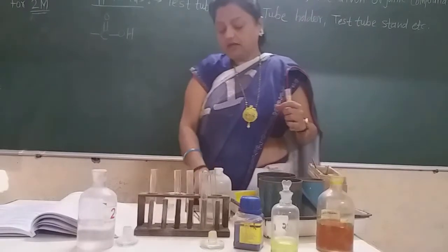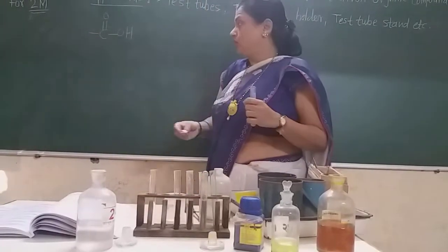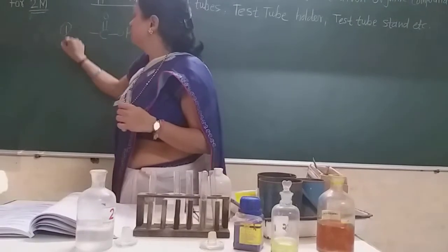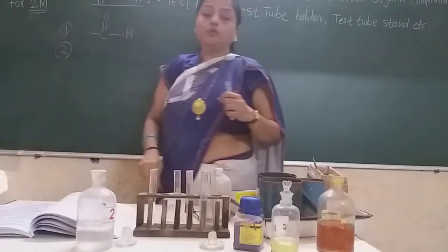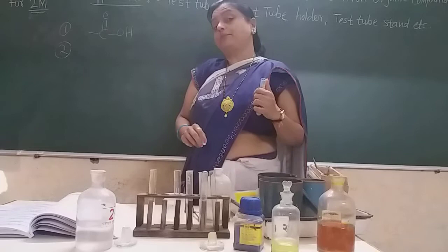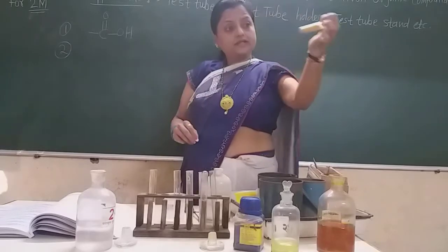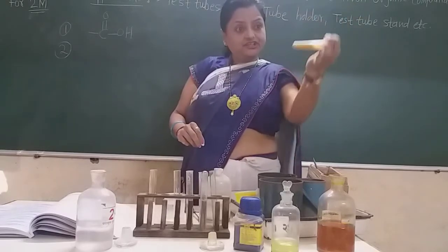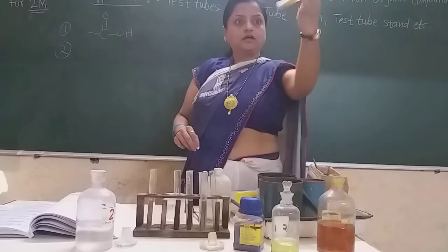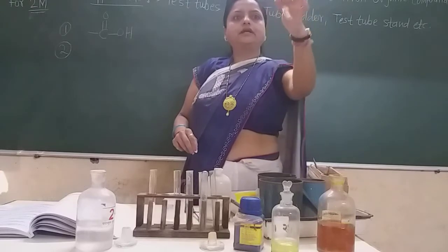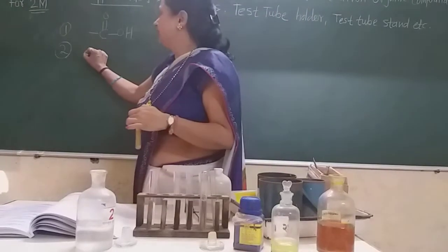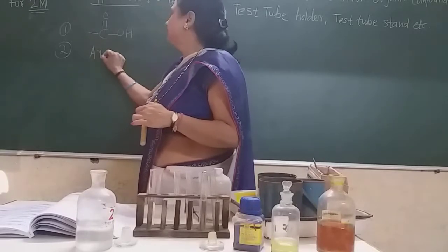So the second compound, which has the phenolic group, is beta naphthol, and due to that the pale greenish color is observed by addition of the neutral FeCl3 solution, and the group is Ar-OH.